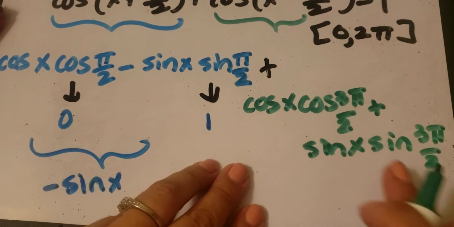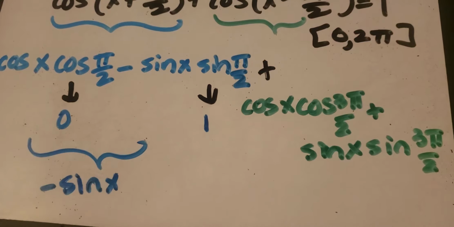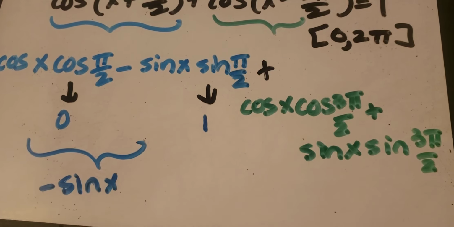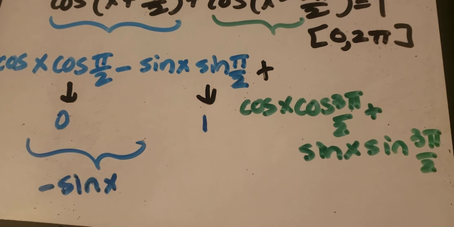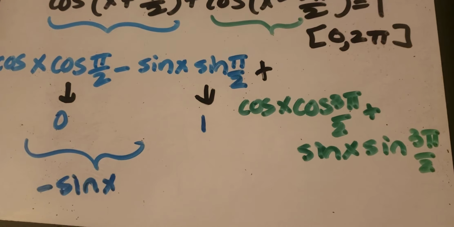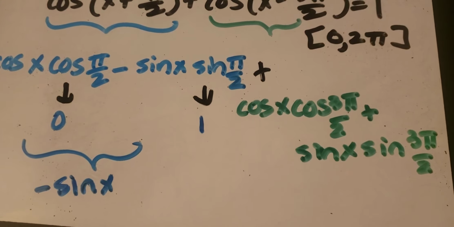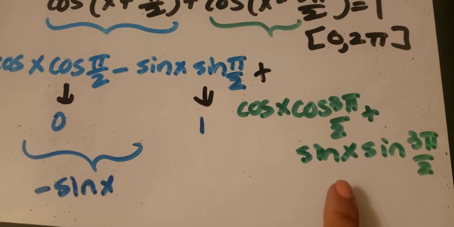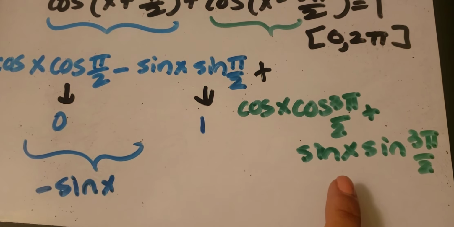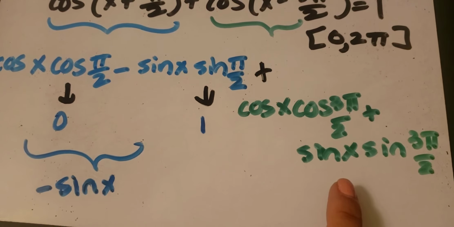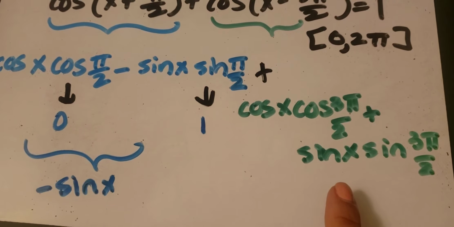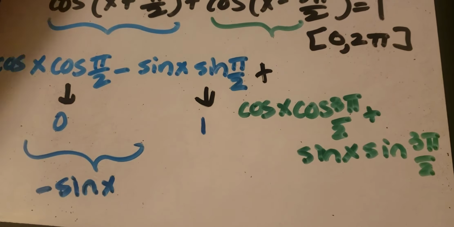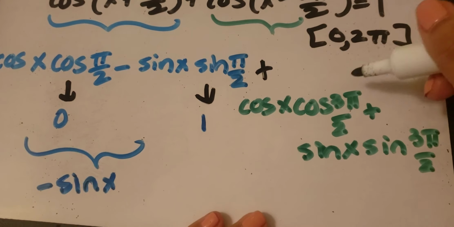Again, I kind of ran out of room. Again, we can find a value for both cosine of 3 pi over 2 and sine of 3 pi over 2. Looking at your unit circle, cosine of 3 pi over 2 will give me 0, and sine of 3 pi over 2 will give me negative 1.